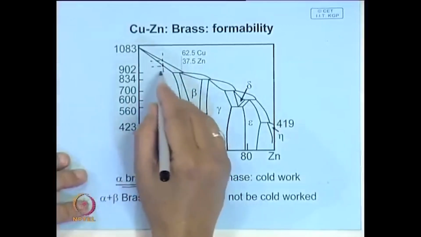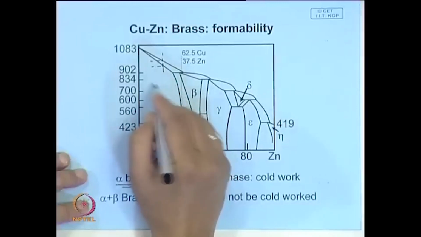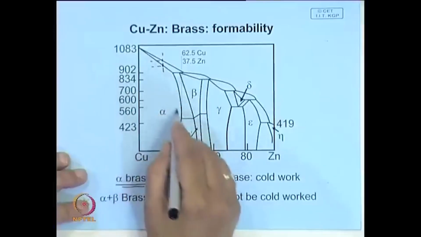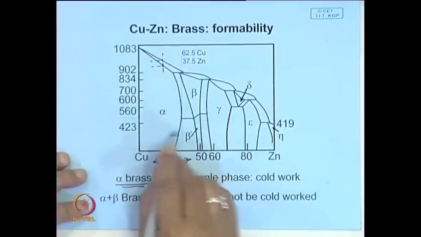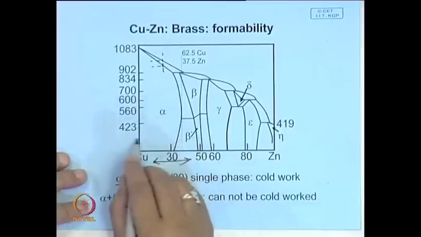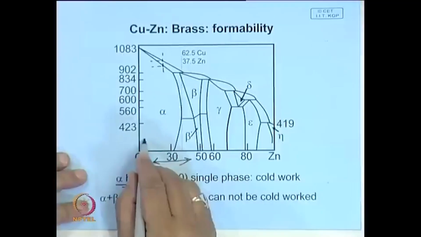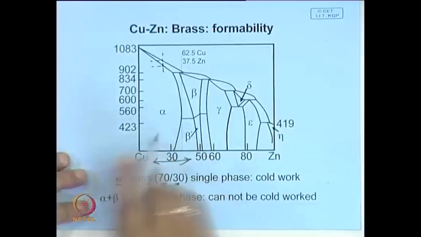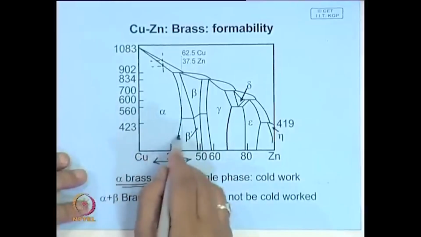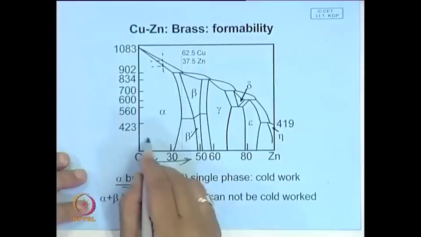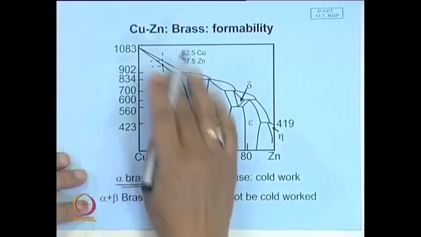So, with a little hot working you will be able to remove this segregation, and after this primary processing the final processing can often be cold working and annealing. Cold work, anneal, and at the final stage, if you want higher strength in the material, the material can be left in cold worked condition, or you can at best give a stress relief annealing treatment.